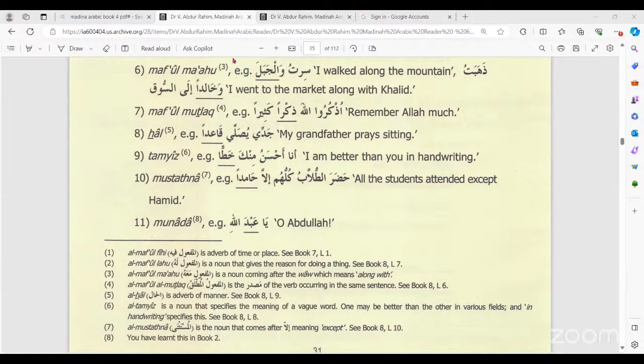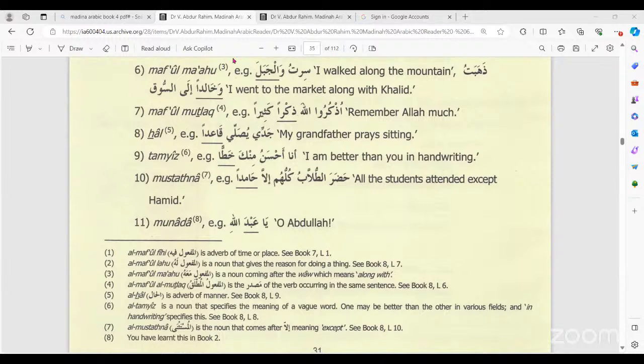So this is like the halat of the person doing the action. Yeah, so this hal itself explains or further elaborates on the condition of how the person is performing his prayers itself. So this is called hal.